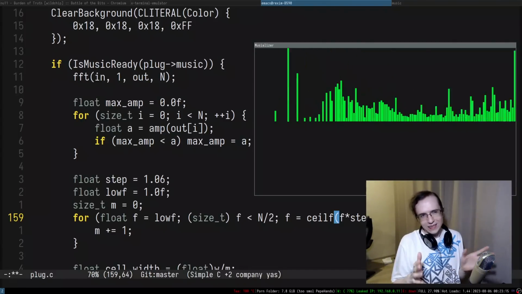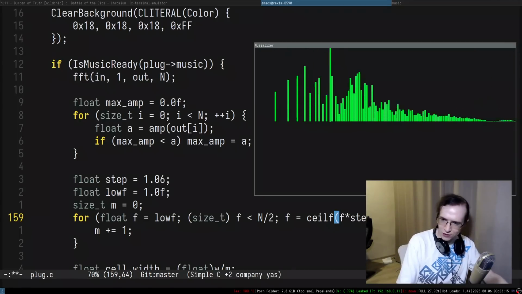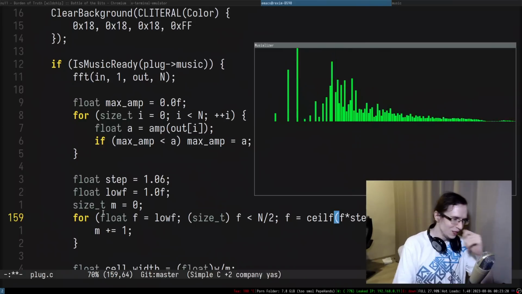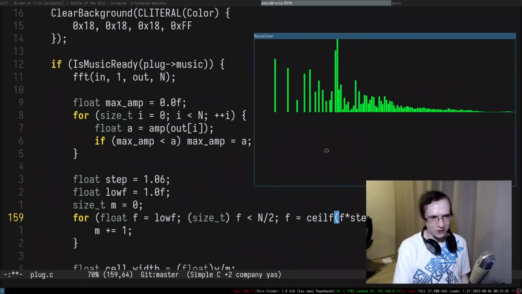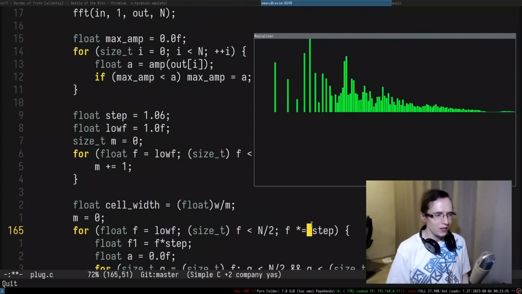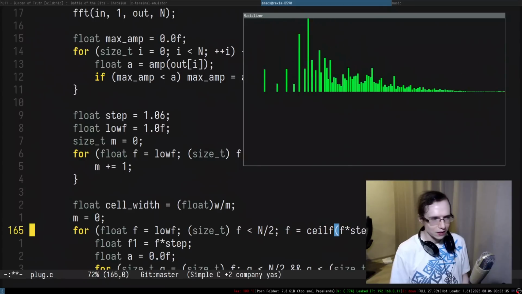I'm not sure how correct that is, but our goal is not to have a correct frequency. Our goal is to have something cool looking. So I think in that case, it's totally fine to do this kind of thing, even if it is not particularly correct. And every time we compute the next frequency, we have to do that ceil: f multiplied by step, and we ceil it.